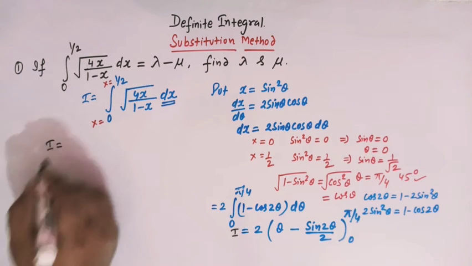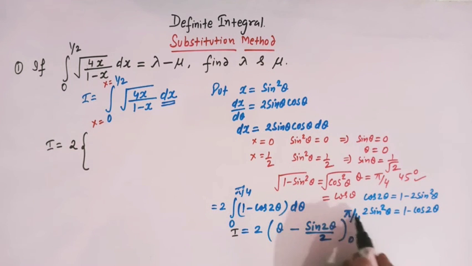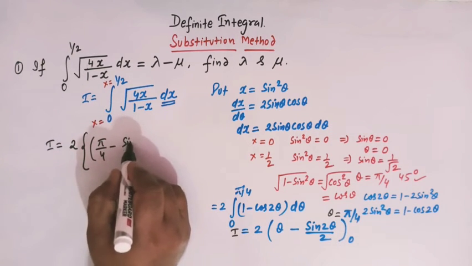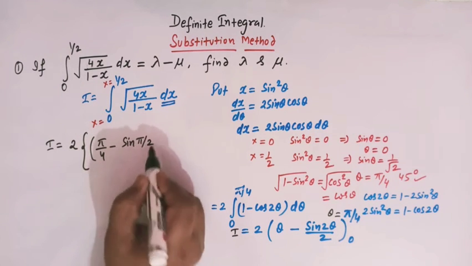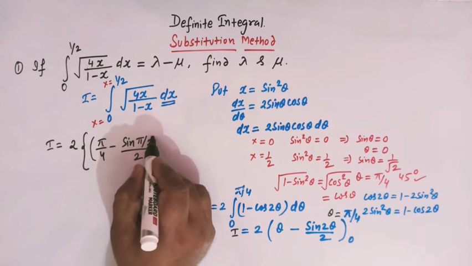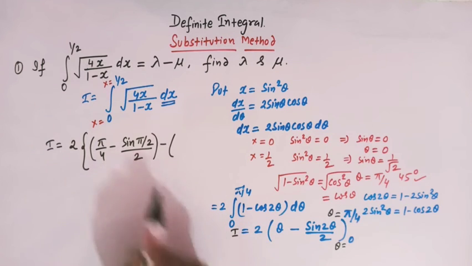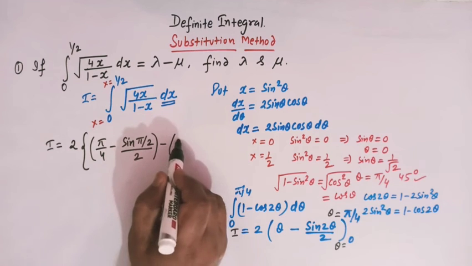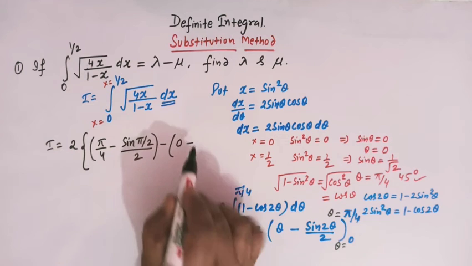So I is equal to first, theta equal to pi by 4: pi by 4 minus sine 2 pi by 4, which is sine pi by 2, over 2. Minus theta equal to 0, which makes both terms equal to 0: 0 minus sine of 0 over 2, that is 0.